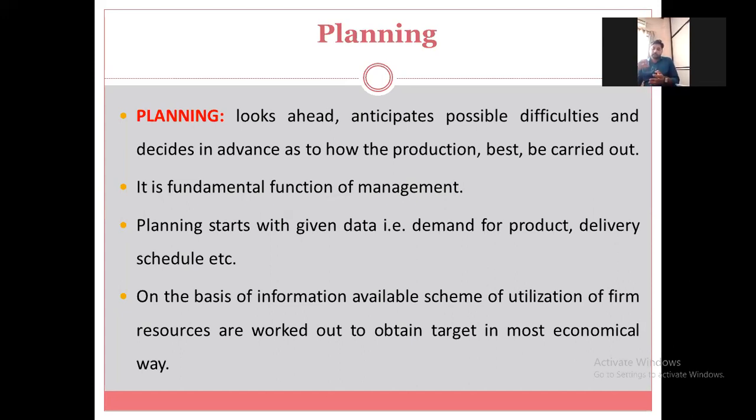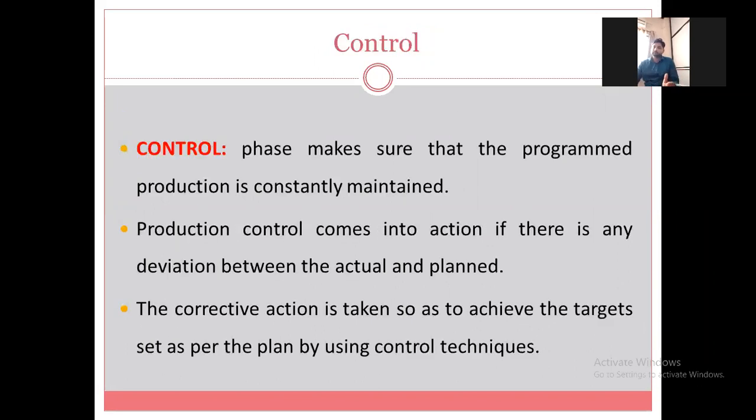If there is manpower, you should consume less manpower to produce the product. That is the most effective way to produce the product. So whatever information is available, on that basis you have to do it in the most economical way, and for that purpose you require a firm plan.